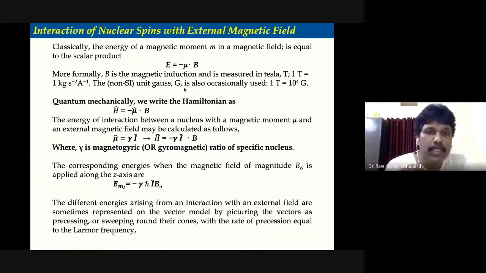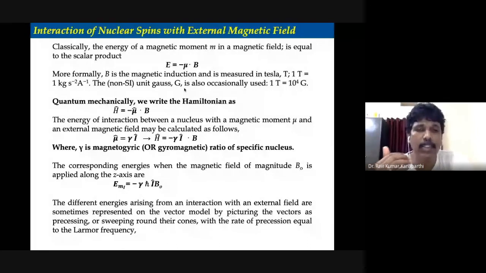The Hamiltonian is H equal to minus operator mu multiplied by B. We can convert the classical expression into the quantum mechanical expression, and then allow this Hamiltonian to operate upon a suitable wave function to get the eigenvalues multiplied by the eigenfunction back. Of course, we will not go into those details, but we will try to understand the very basics of the energy of nuclear energy states.